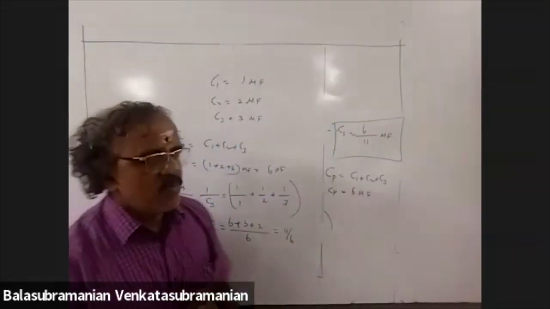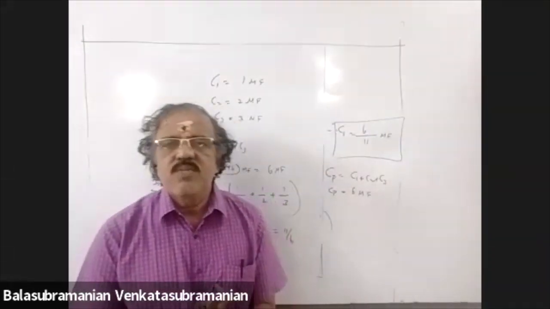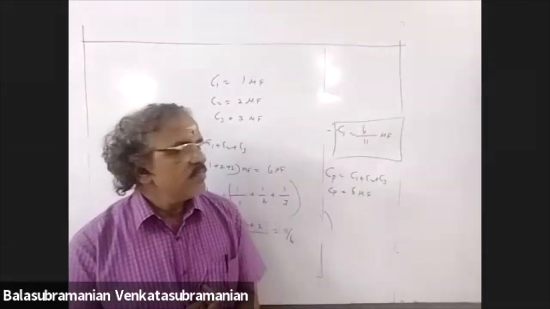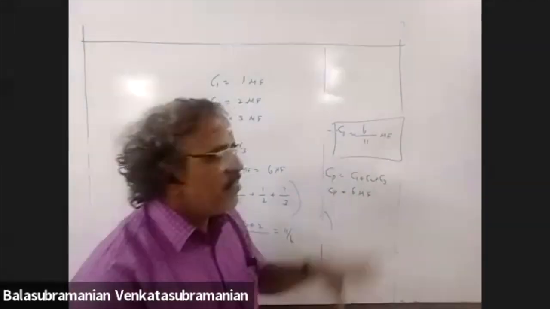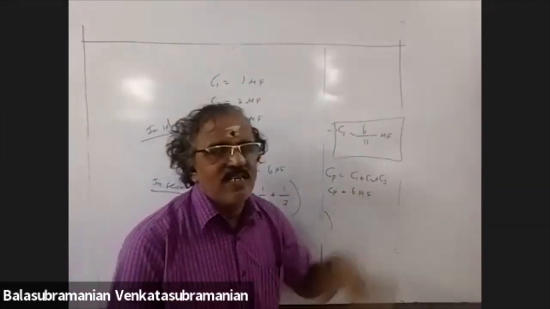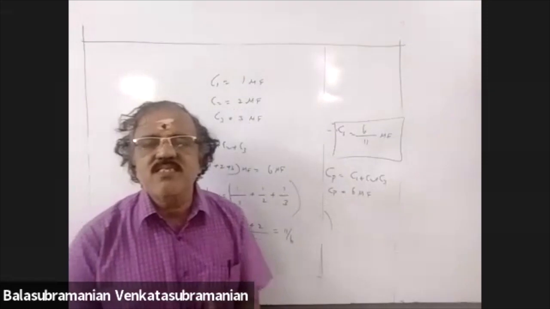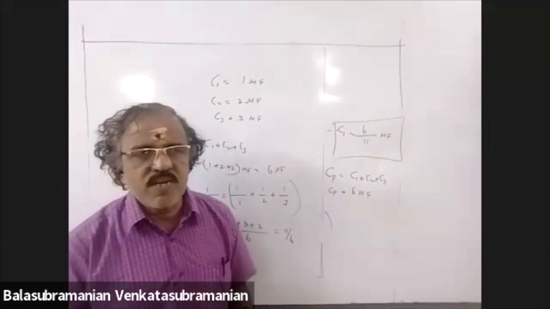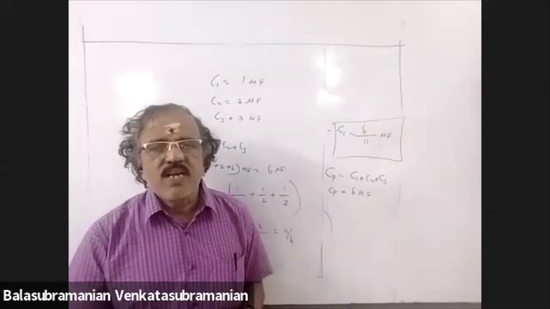Then we discussed the principle of a capacitor, the parallel plate capacitor, and the basic values of the resultant in the case of capacitors connected in series and parallel. These are the topics we have done today. We'll continue. Thank you.